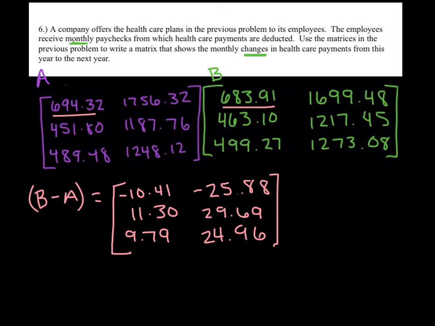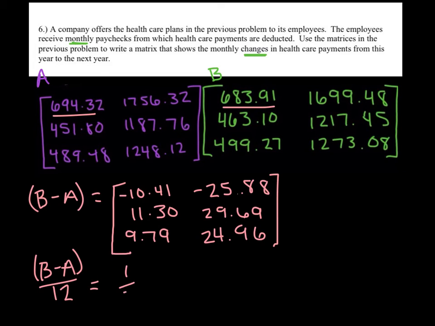So that's for the entire year. So if I'm trying to find the difference of their monthly rates, how many months are there in a year? Well, it's going to be whatever that difference was divided by 12. And what did we say? We don't really divide a matrix by a number.